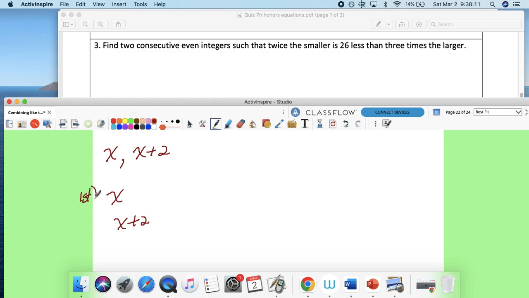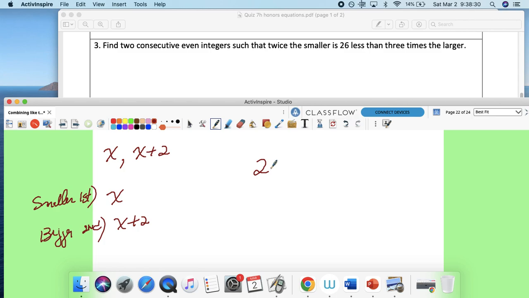The first even integer, the second even integer. Okay, so now that we have these, let's set up the sentence such that twice the smaller one, and maybe we should label that the first one is the smaller, the second one is the bigger one.